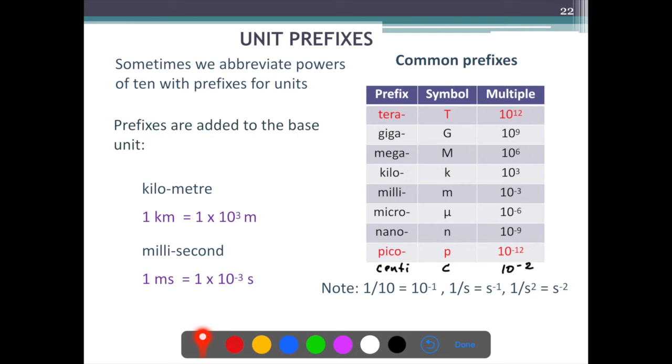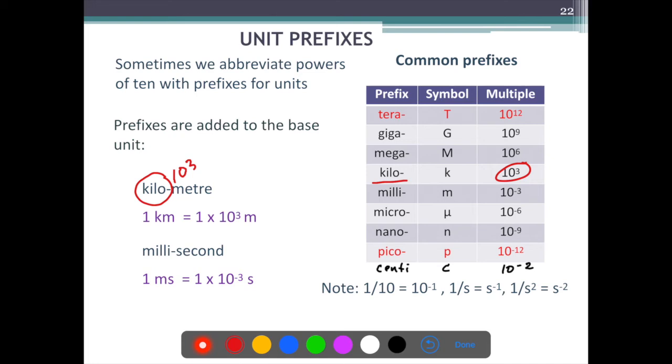So prefixes are added to the base unit. So when we say 1 kilometer, the prefix is kilo, which is 10 to the 3. So 1 kilometer is 1 times 10 to the 3 meters. So notice there, kilo is 10 to the 3.